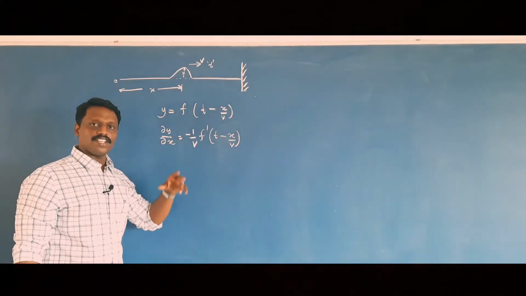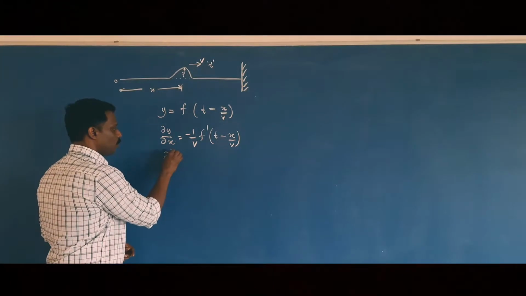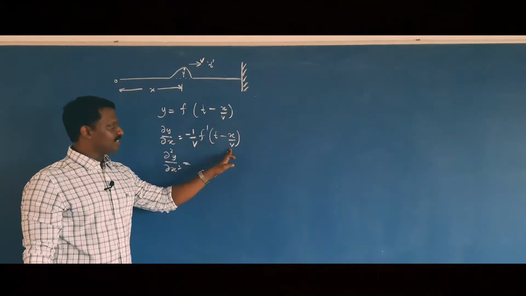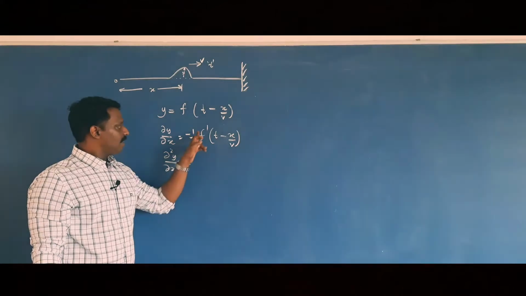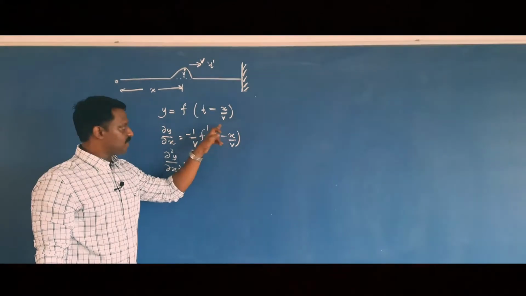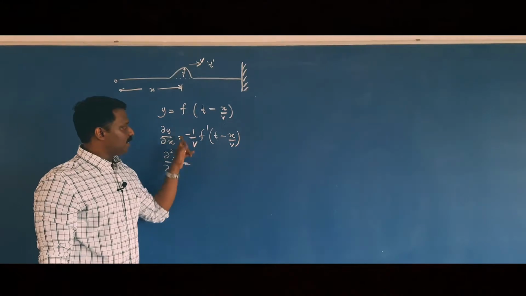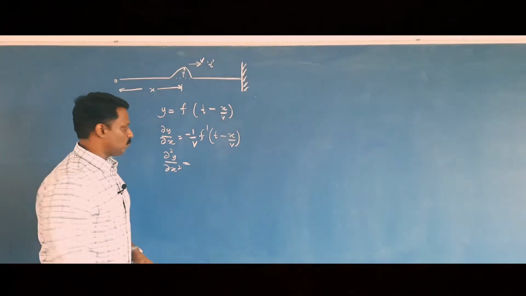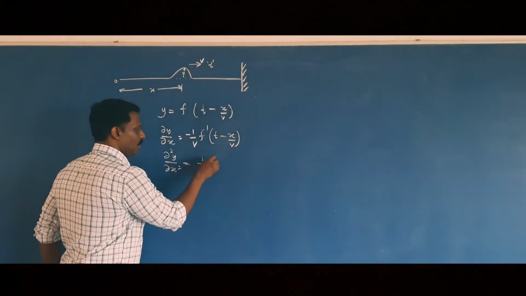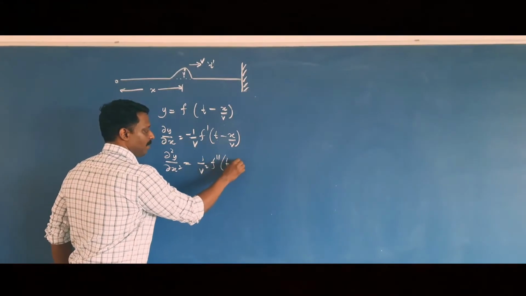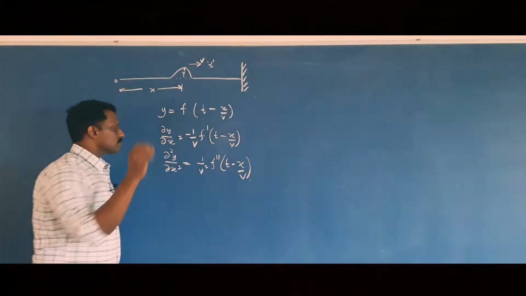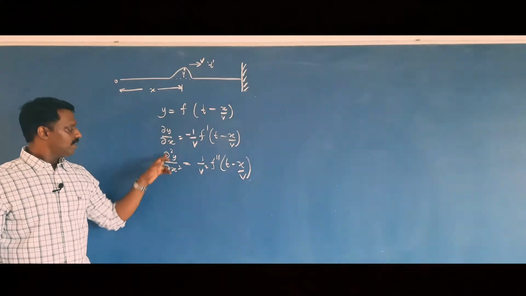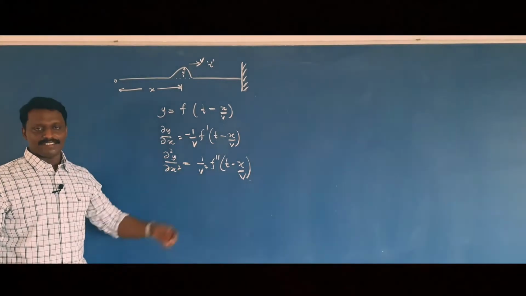Now differentiating once again with respect to x partially, dou square y by dou x square is equal to the same quantity f dash, its first derivative f double dash, negative 1 by v multiplied by negative 1 by v once again makes 1 by v square. So 1 by v square f double dash t minus x by v. So we have partially differentiated this equation with respect to x twice.